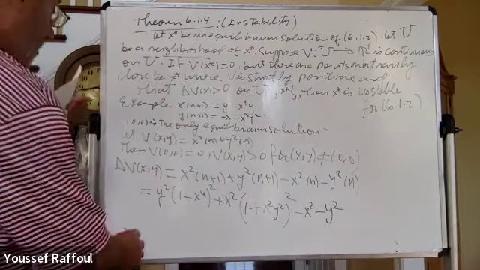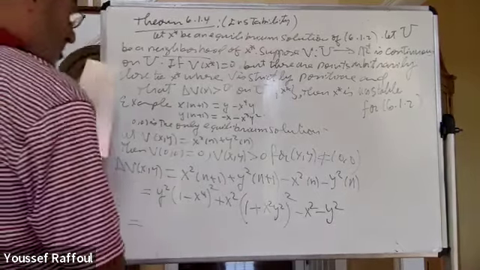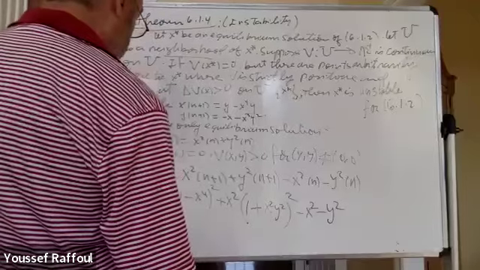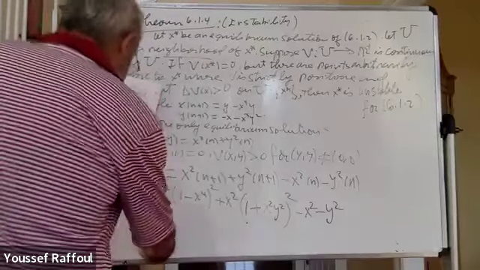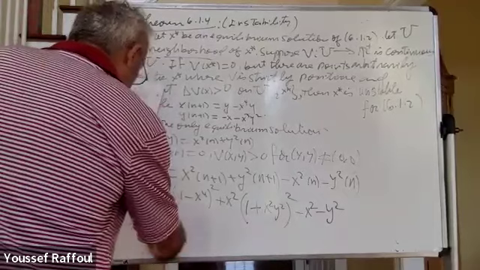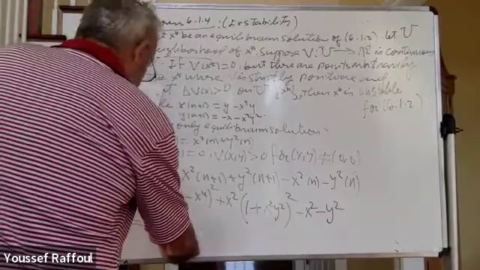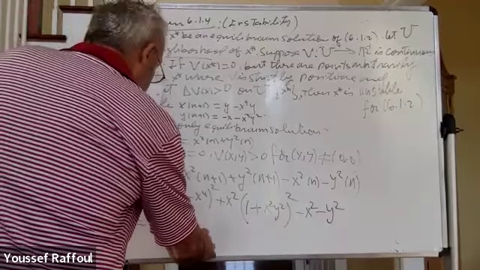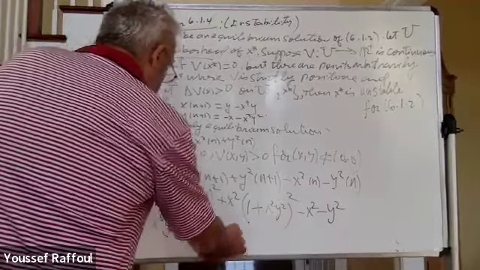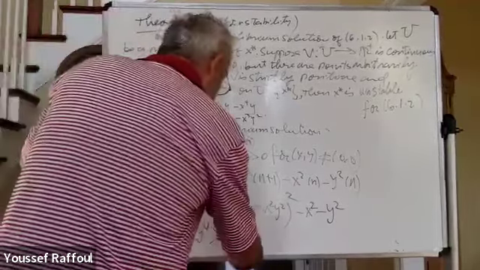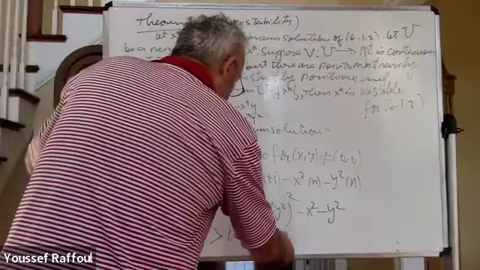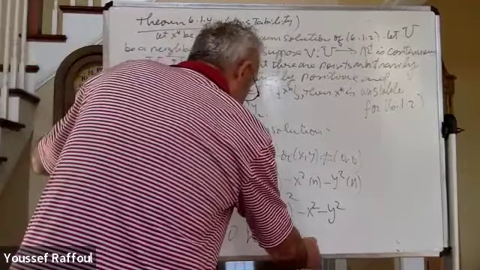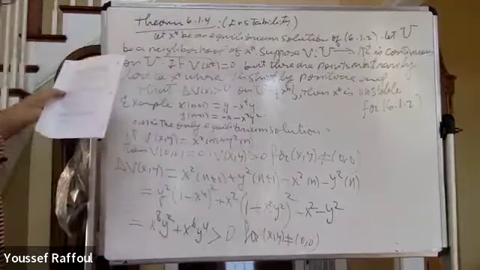And if you simplify this, it turned out to be x to the 8 y squared plus x to the 6 y^4, and that is positive for (x, y) different from (0, 0). Okay.